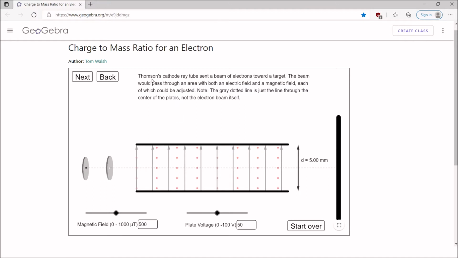So the function of Thomson's cathode ray tube is to send the electron beam through here towards a particular target. The beam will pass through an area of both the electric field, so that's our electric field here, and then also a magnetic field, which is indicated by these gray dots.